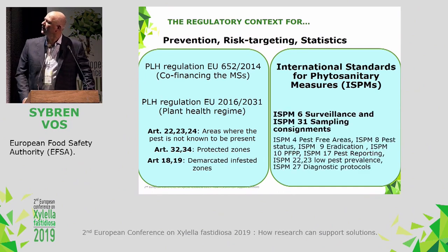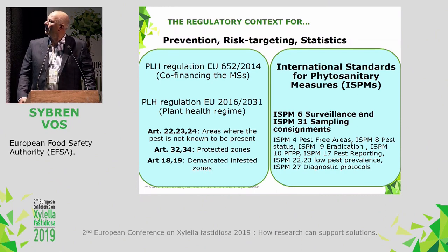Some are very technical, in particular ISPM 6 and ISPM 31, which give international guidelines on surveillance and on sampling consignments. Then we have a whole series of more procedural ISPMs that help to better apply this surveillance in different contexts.